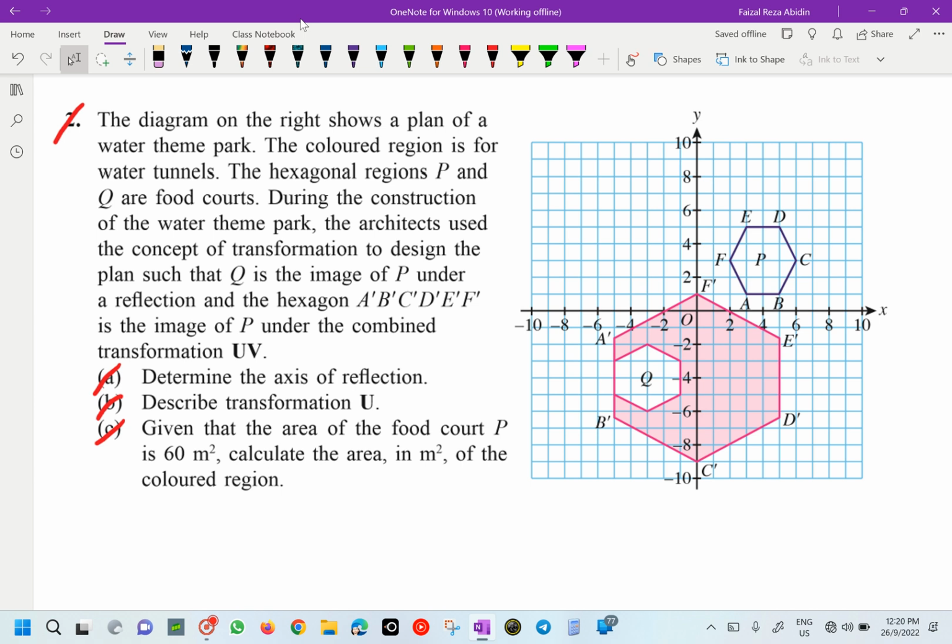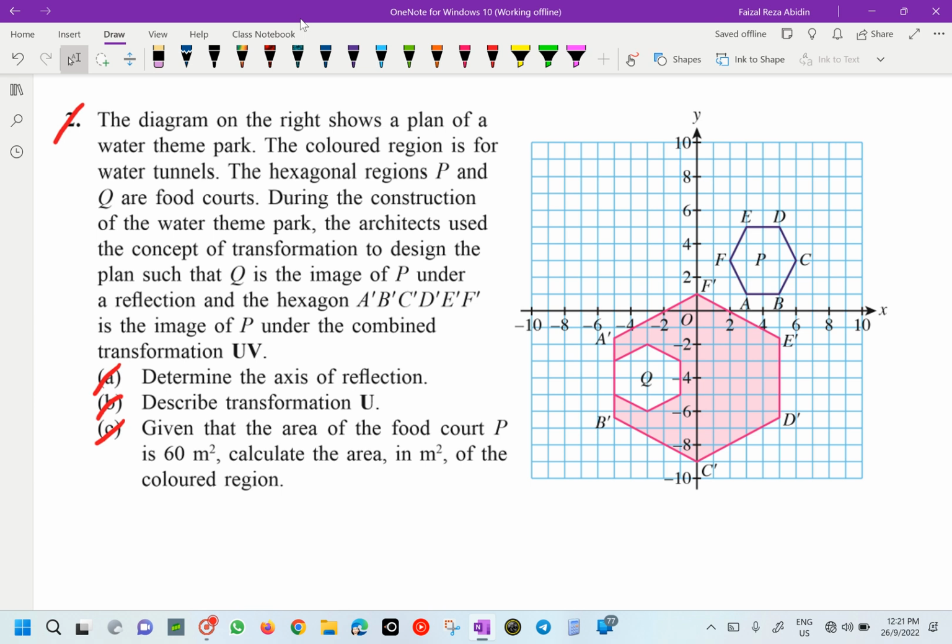During the construction of the water theme park, the architect used the concept of transformation, such that Q is the image of P under a reflection, and the hexagon A prime, B prime, C prime, D prime, E prime, F prime is the image of P under the combined transformation UV. Determine the axis of reflection.